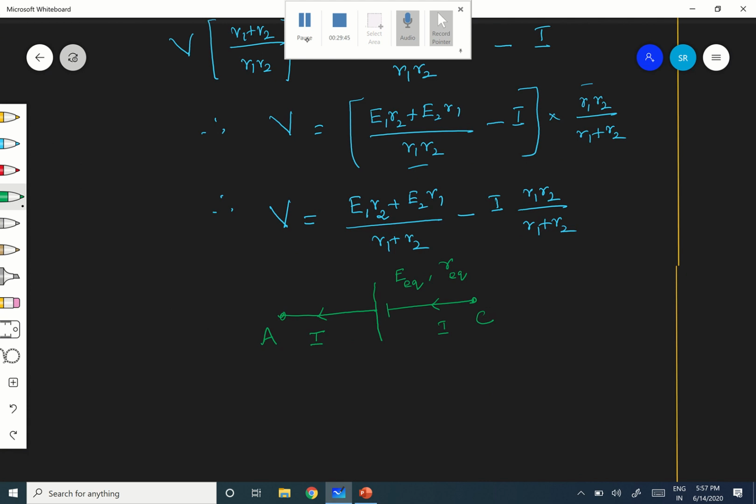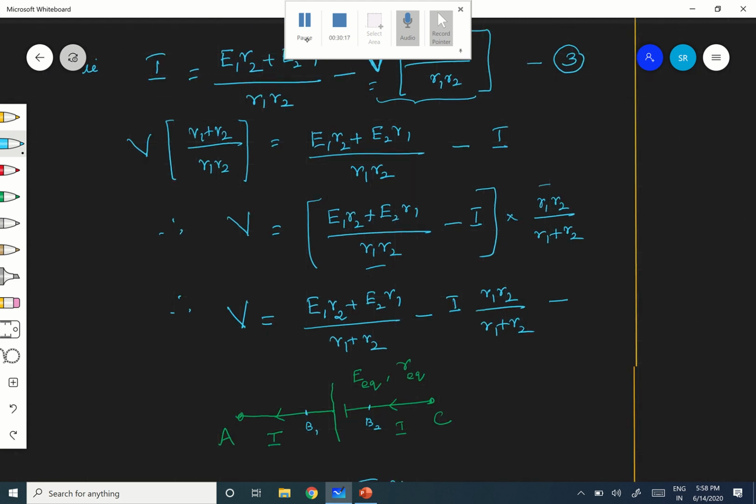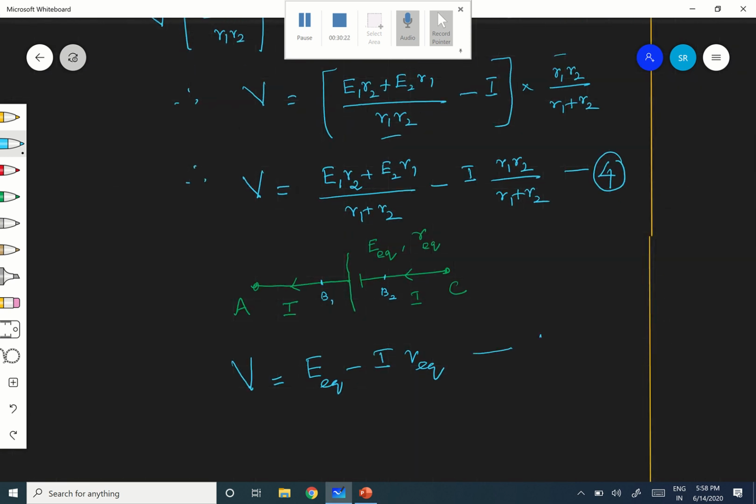Instead of these two, both the cells are replaced, so here there is B1 and here there is B2. Therefore the potential drop across B1 and B2 is nothing but V. So the terminal potential difference across this cell is given by V equals E equivalent minus I into R equivalent. What is the equation number? I think this is 4, and let this be equation number 5.